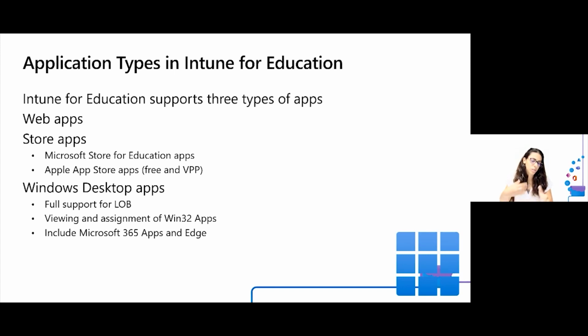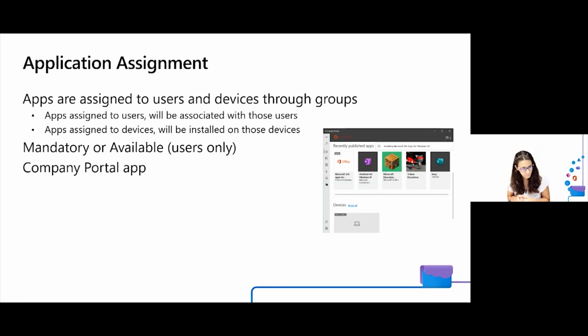And you can also make sure the students' devices get Microsoft 365 apps and the Edge browser. Again, with applications, a very important factor to consider is how to assign them. If you assign them to users, the applications will be associated with them.